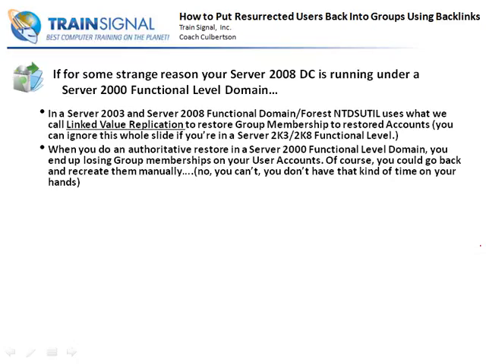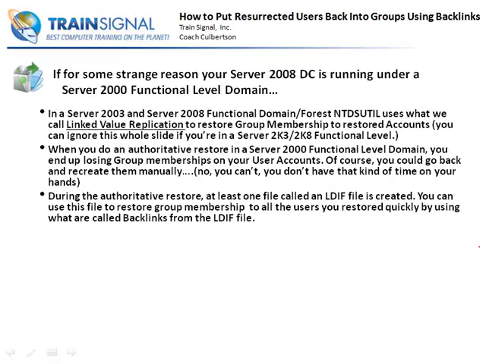Fortunately, we can use those LDIF files that I was talking with you about back in the demo section. During the authoritative restore, an LDIF file is created. You can use this file to restore group memberships to all the users quickly by using what we call backlinks from that LDIF file. So in order to do this process, and again, you won't need to do it if you're in a Server 2003 and Server 2008 functional level.